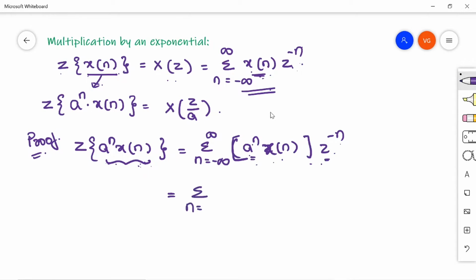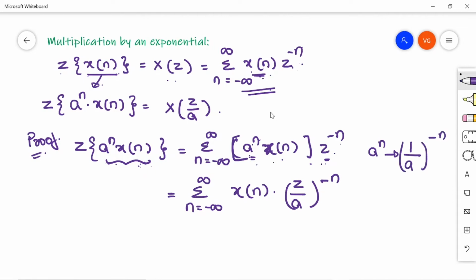So I am writing n running from minus infinity to infinity, x of n, here a power n z power minus n. Can I write this as z by a whole power minus n? See here, a power n, we are writing it as 1 by a whole power minus n, right? So this is nothing but z by a whole power minus n.